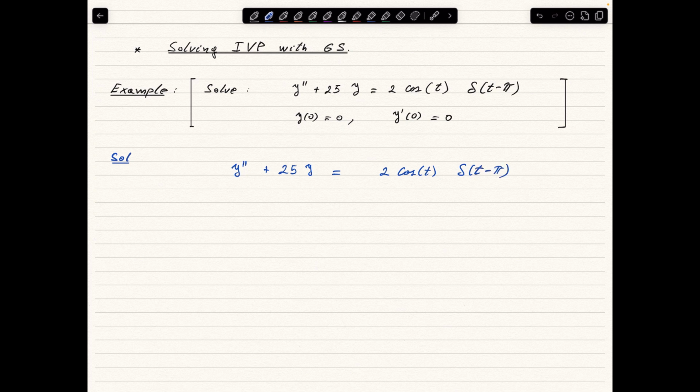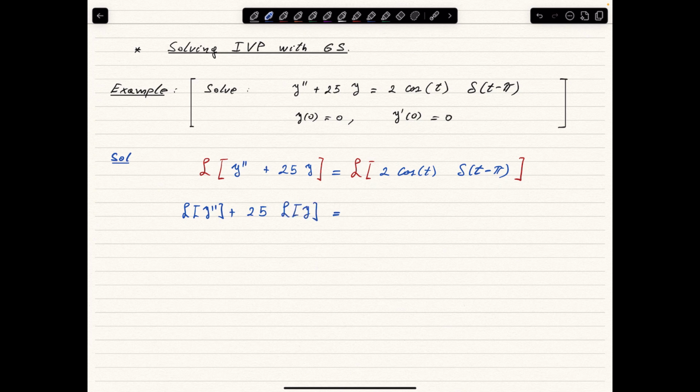Alright, what do we do? Well, we compute the Laplace transform on both sides. So on the left side, because of the linearity of the Laplace transform, we are going to get the Laplace transform of the second derivative plus 25 times the Laplace transform of the function y.